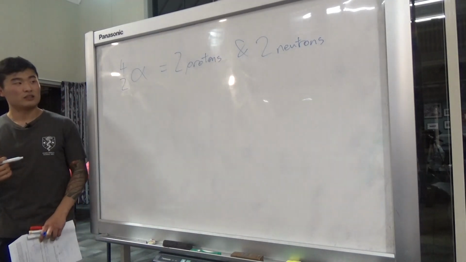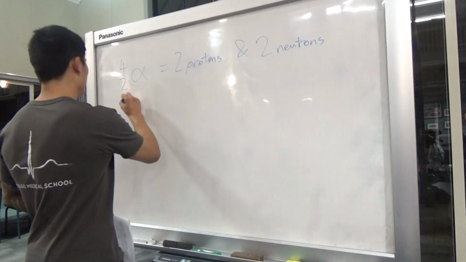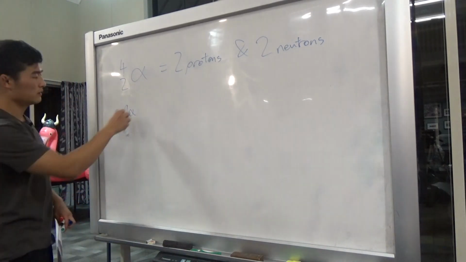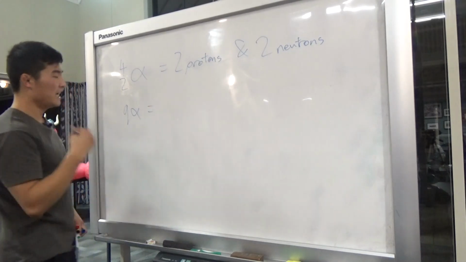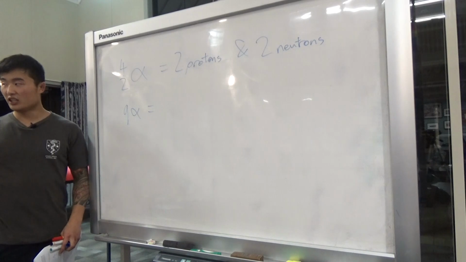All right, so if it's got 2 protons, the charge of an alpha particle will just be 2 times the charge of 1 proton, right?